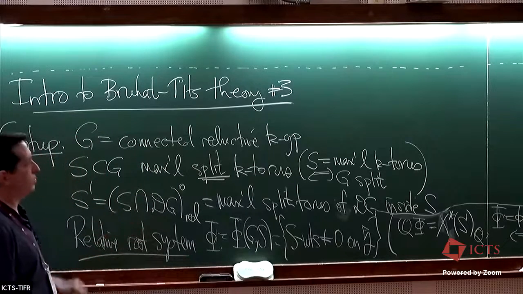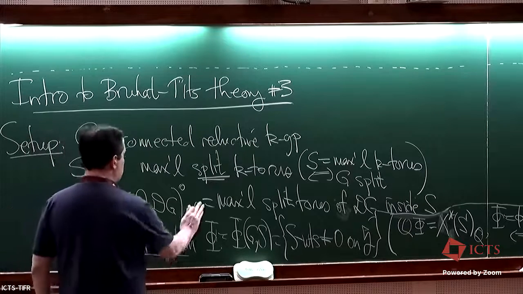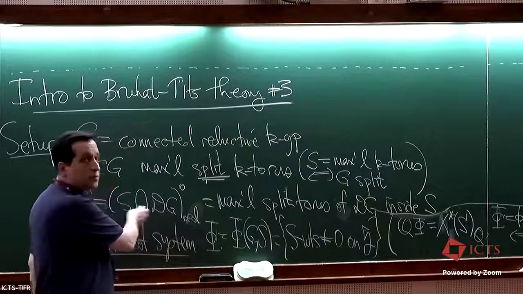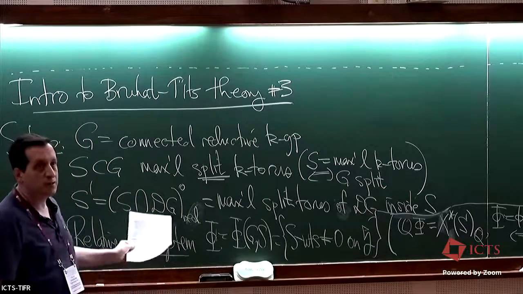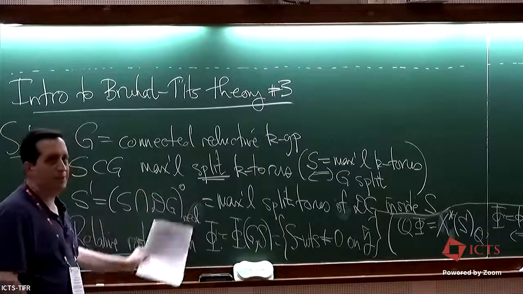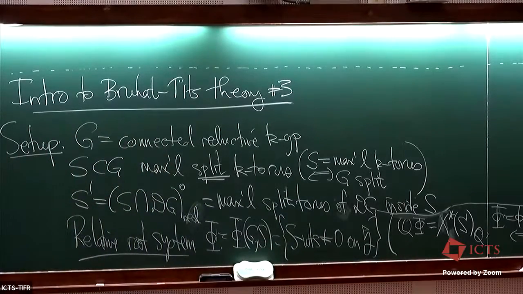Of course, we're not going to be so interested in that case. Sorry, this is an "red" for reduced. If we're in characteristic p, maybe this scheme-theoretic intersection is non-reduced. Because this is of multiplicative type, anyway, just take it to be this, but yes, I'm just being pedantic. Okay, so that's our setup.